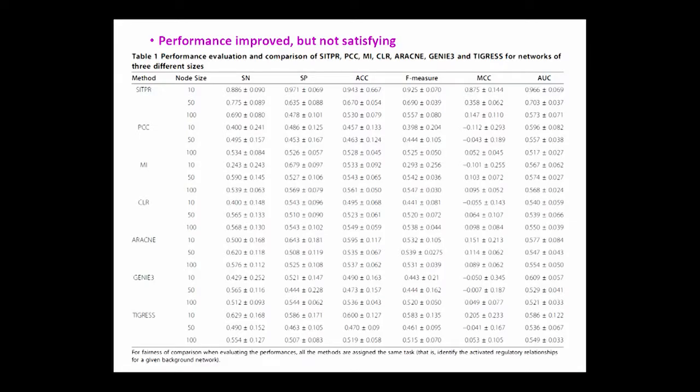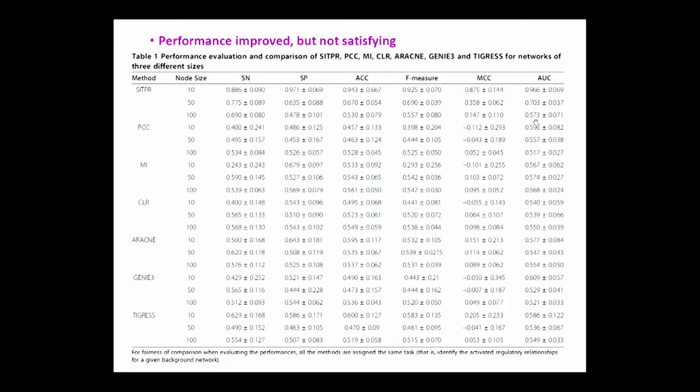So let's look at the performance of our first try. This one is our algorithm, and ignore all the other criteria. Just look at the AUC. If you look at this column, as the size of the network increases from 10 to 50 to 100, you see the AUC decreases from 0.96 to 0.57.